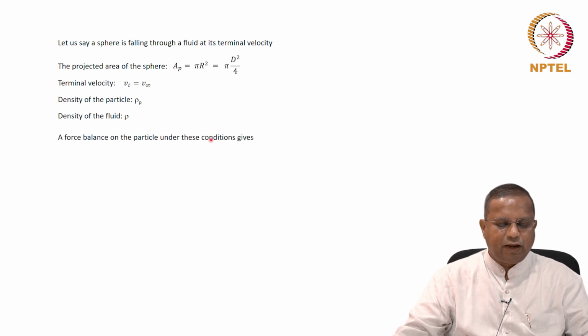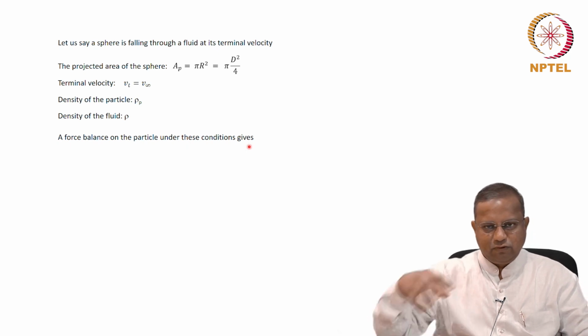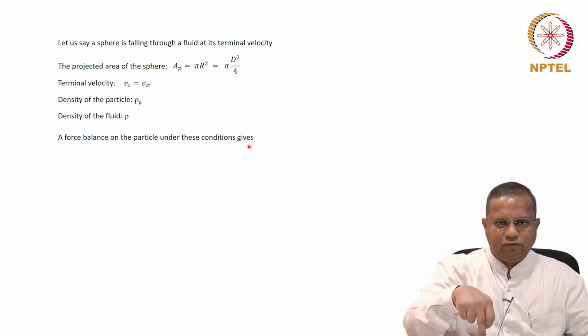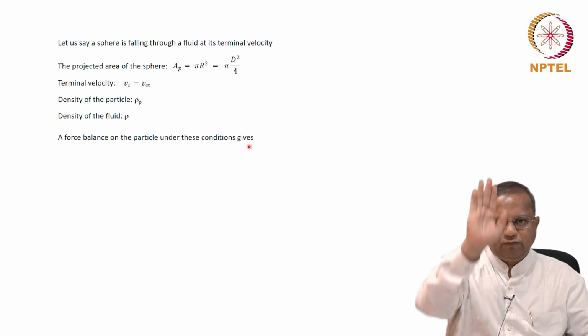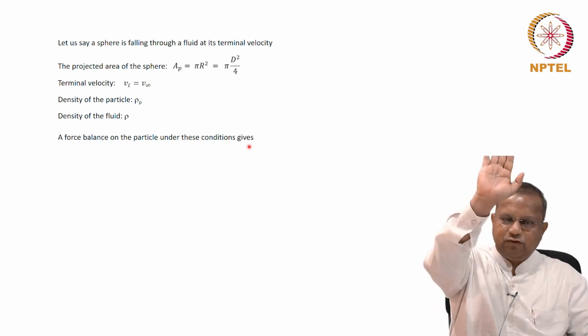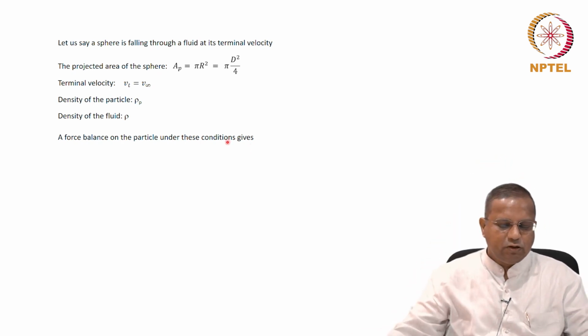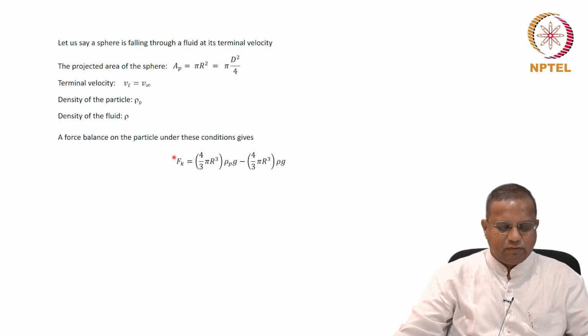If you do a force balance on the particle under these conditions, there's a gravitational force, there is a buoyancy force in the opposite direction, and there's a drag force in the direction opposite to that of the motion. All these would give you Fk as the difference between the gravitational force, 4 by 3 pi r cubed, the volume, times the density of the particle, is the mass of the particle.